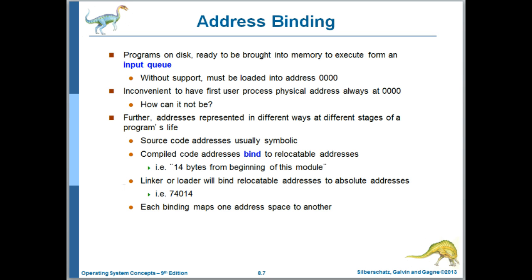The first module won't need to have its addresses rewritten because it is logically starting at logical address 0, but the subsequent modules will have to have their addresses edited because they are no longer starting at logical address 0, and any references between modules will have to have their addresses bound.